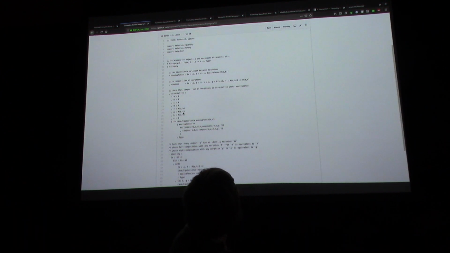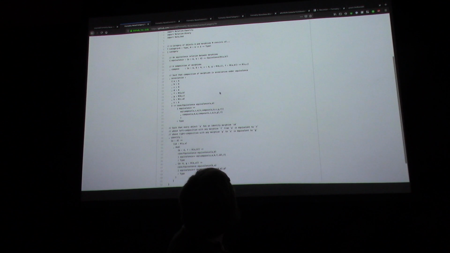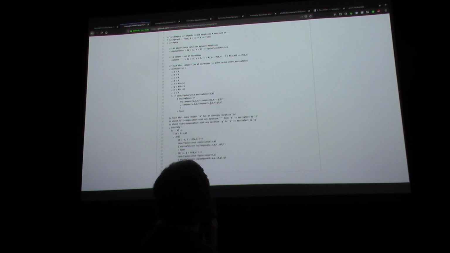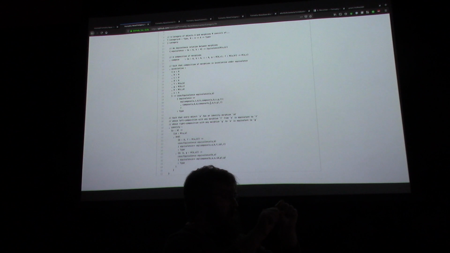Why do you need the equivalence relation? You need the equivalence relation because you need a way to compare morphisms. Here, you need to show that if you have two compositions of morphisms that are associative, f of g in parentheses of h is the same.